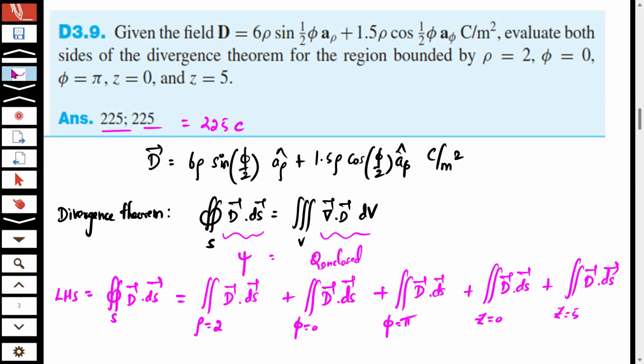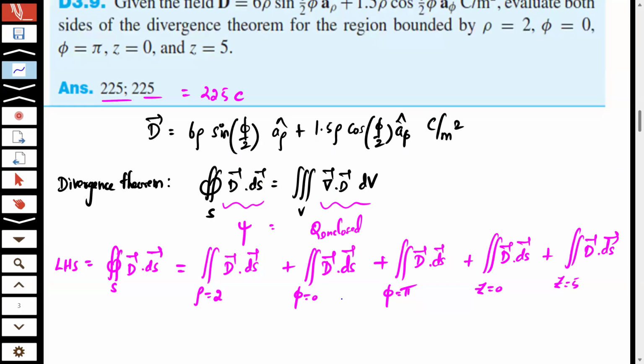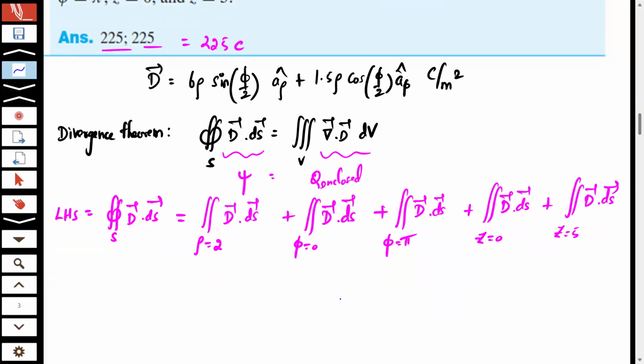Let us try to understand now what the signs are for each of these sides. I have already discussed in the numerical problem for the rectangular or Cartesian system of coordinates, we have understood that for any axis, the larger value will have the positive sign. So here rho equals 2 will have the positive rho direction.